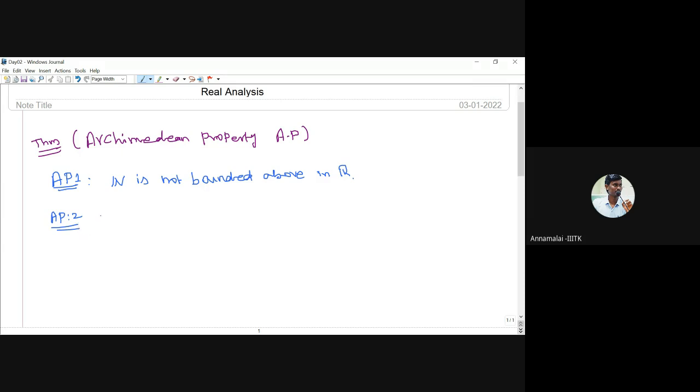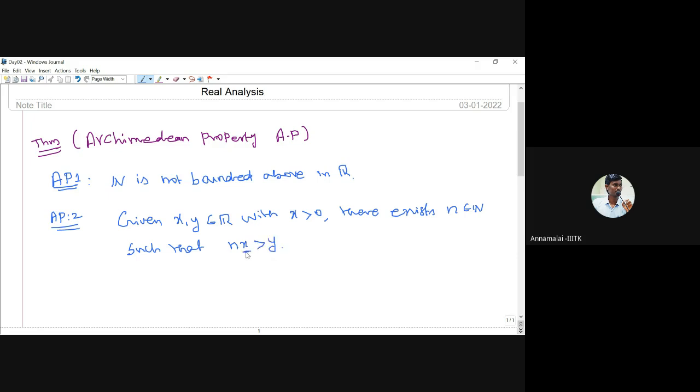Now the second form says, given x and y in R with x positive, then there exists some natural number n in N such that nx is strictly greater than y.